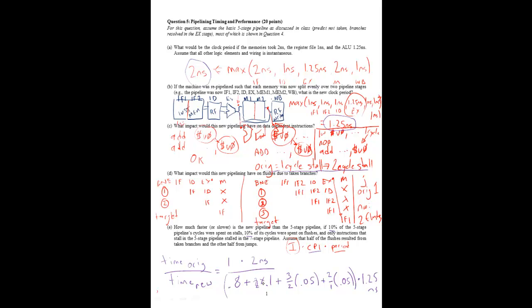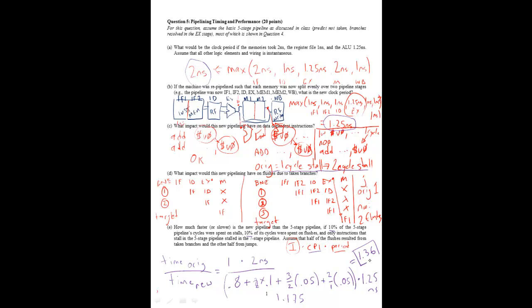And so if we add all these components together, we get 1.175, and if we multiply out 2 nanoseconds divided by 1.175 times 1.25, we get something which is around 1.36.